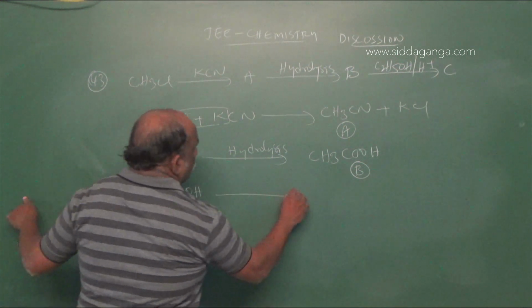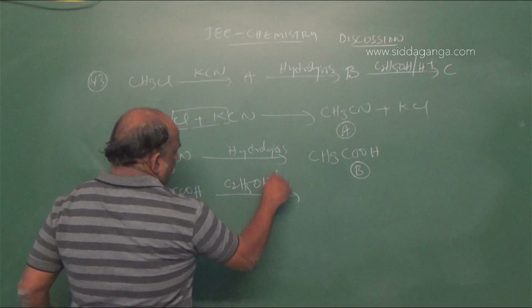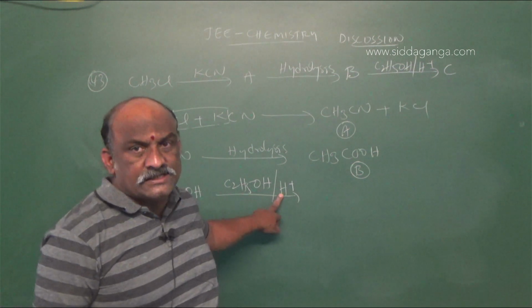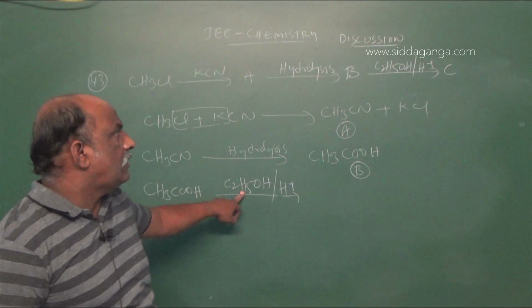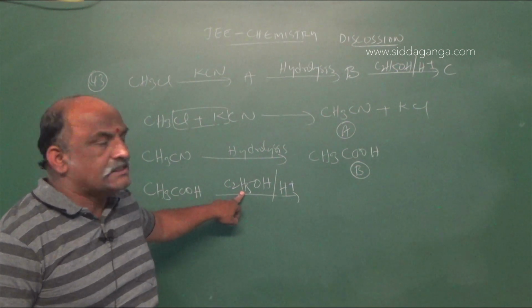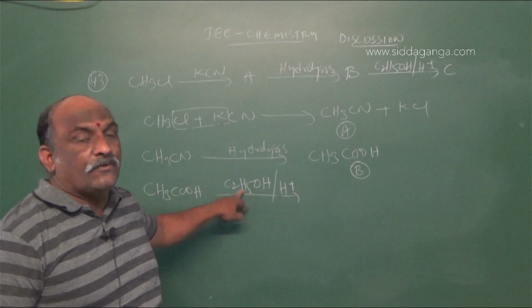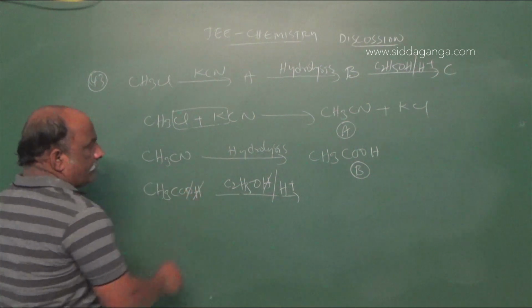Next, the third one. CH3COOH is given with C2H5OH. In the presence of acid, the carboxylic acid is treated with ethyl alcohol. Then what will be the answer? Simply eliminate water.